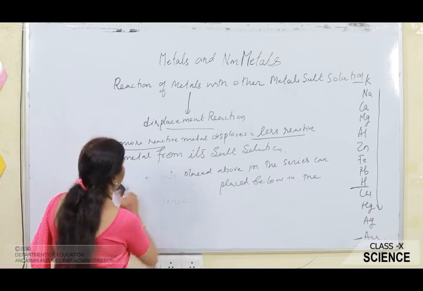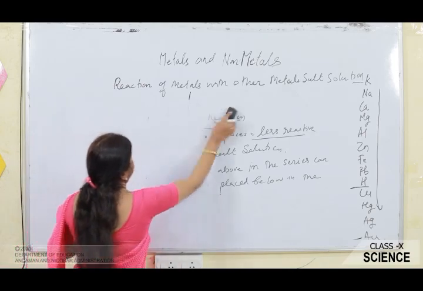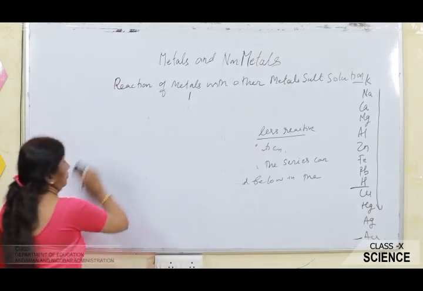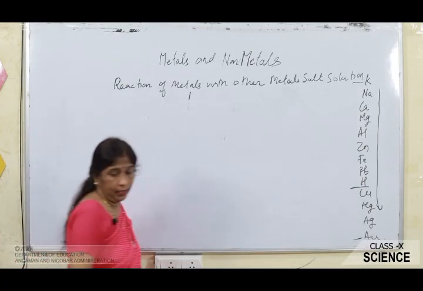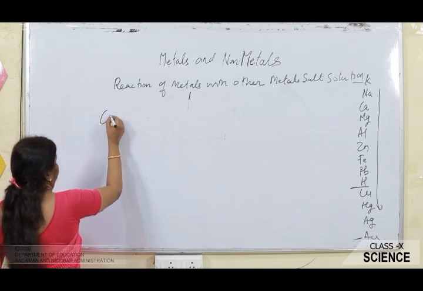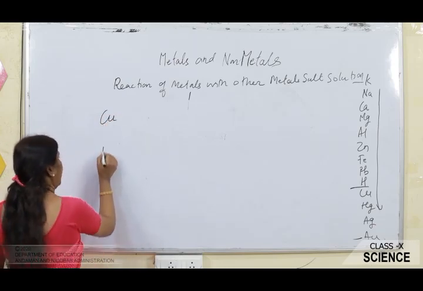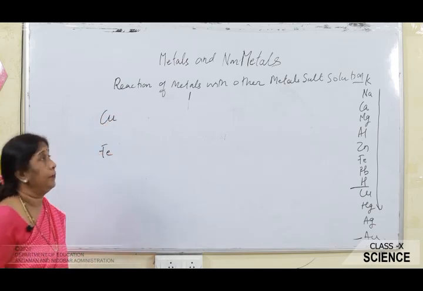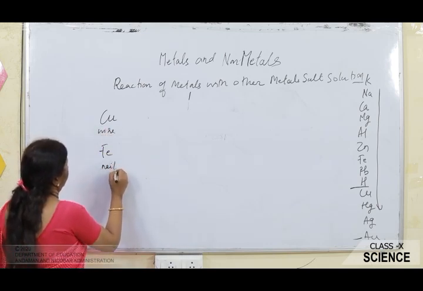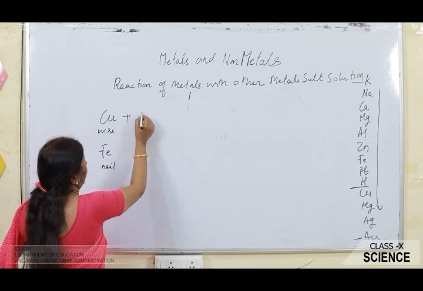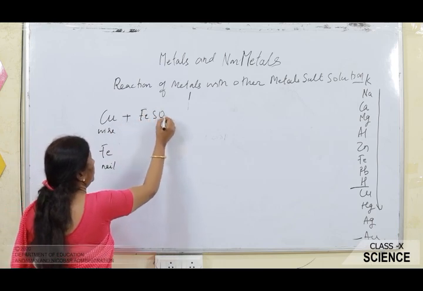We will take some copper wire and an iron nail. This copper wire we will dip in ferrous sulphate solution.